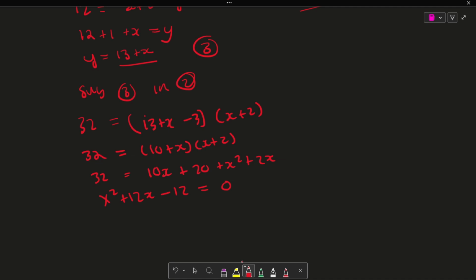Essentially, this is what we have. Now we need to solve this quadratic.